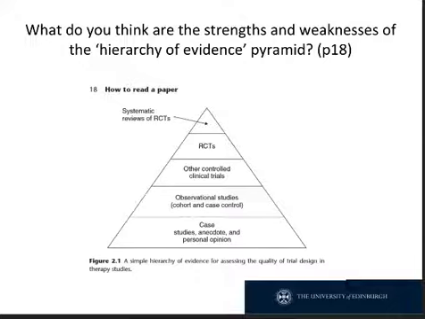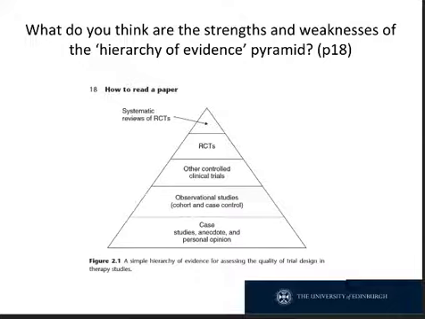Okay, now Trisha Greenhalgh mentions the evidence pyramid, and I wanted to ask you to consider what could be strengths and weaknesses of thinking of evidence using this approach. The reason I'm asking you this is that I'd like you to start to read even guidance literature critically.